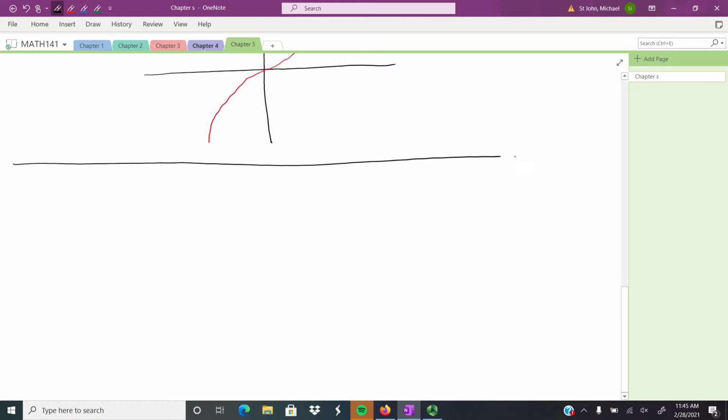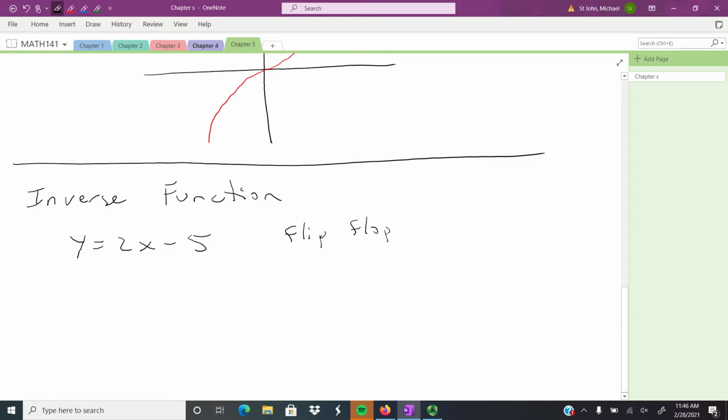Now then we get to inverse functions. So if I had y equals 2x minus 5, and I want to find the inverse of this, what I have to do here is just flip-flop the x and the y. And so now we're going to have x equals 2y minus 5.